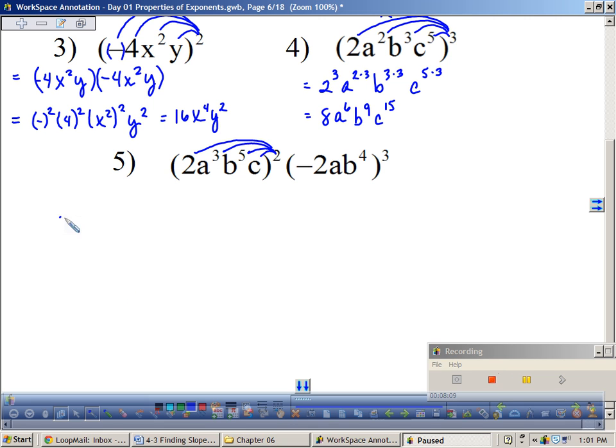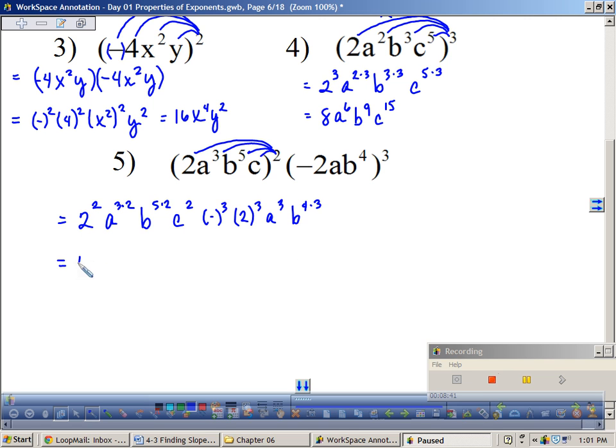Okay, so 2 squared, a cubed 2 times, b to the 5th 2 times, c squared. All of that times, I've got a negative that I'm going to cube. I've got a 2 cubed, a cubed, and b to the 4th 3 times.